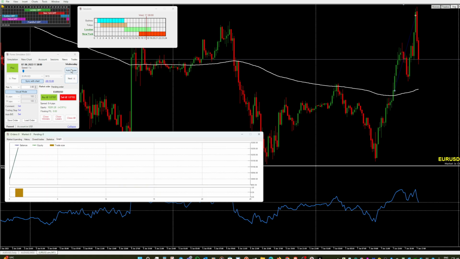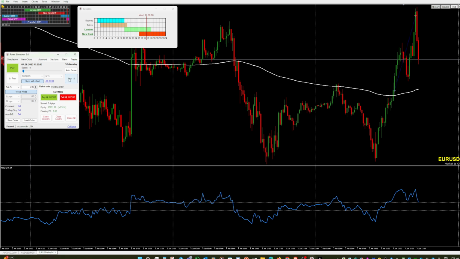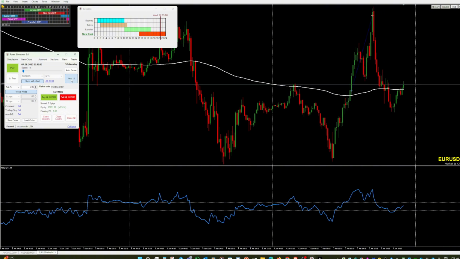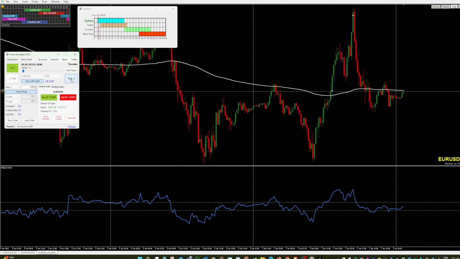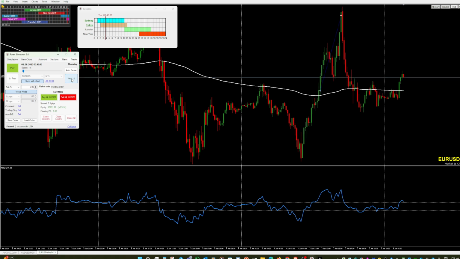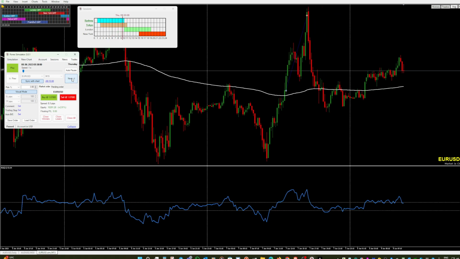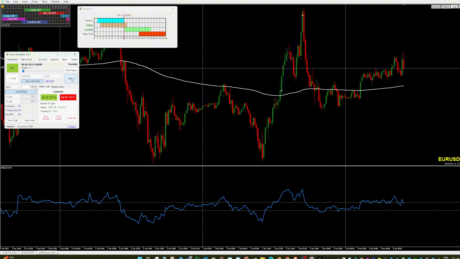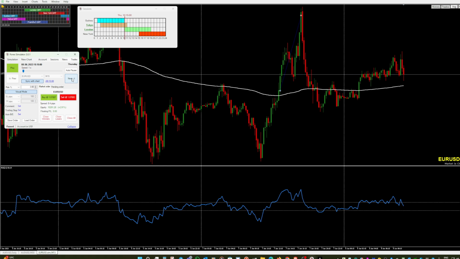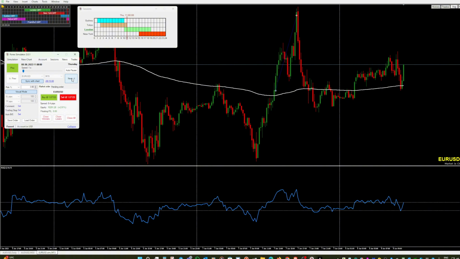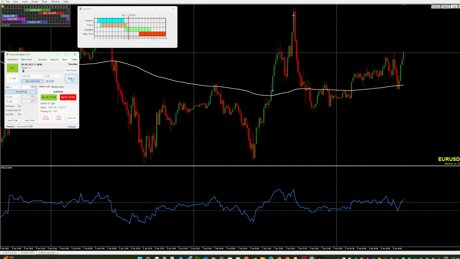Okay, let's go for the next day, see if we can find another trade. And remember, we're only trading in the London session, so we're approaching that now. Okay, London session, and it looks like at the moment we're looking for long trades, and okay, here we've got the crossover.